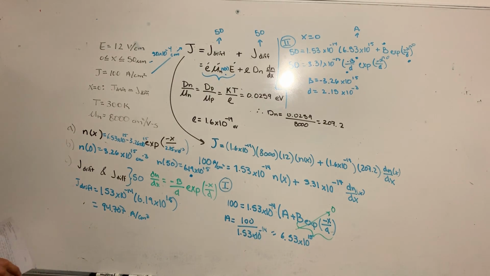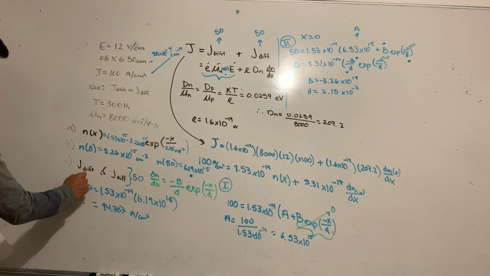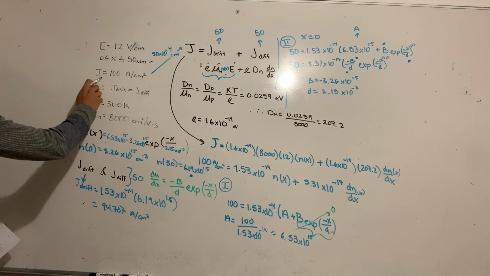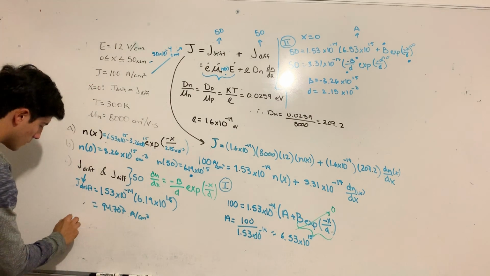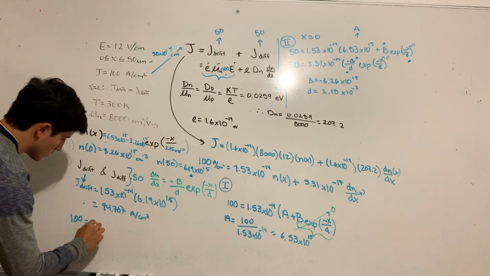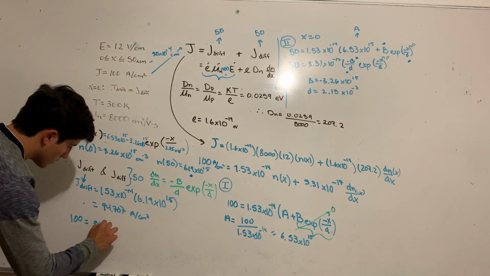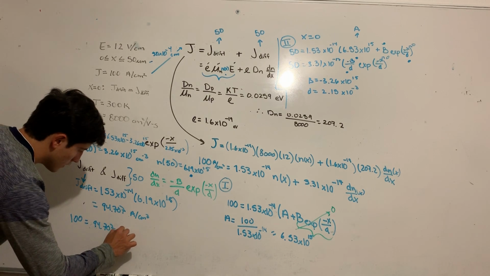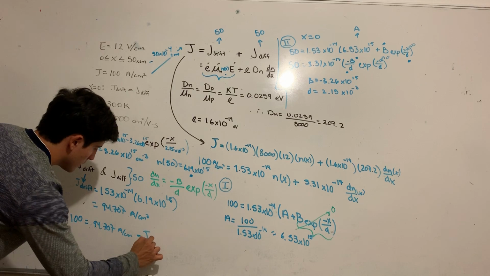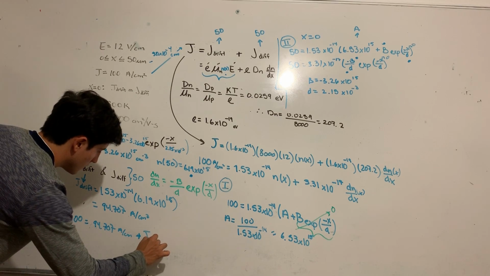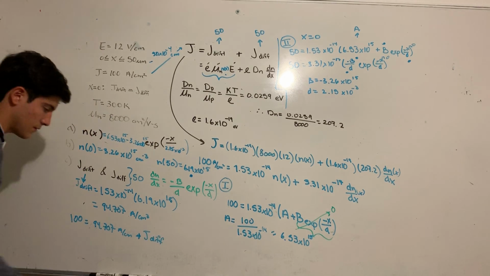And that's the drift, but the total is 100. So to get the diff, we have that 100 is equal to 94.707 plus J diff. It's the diffusion.